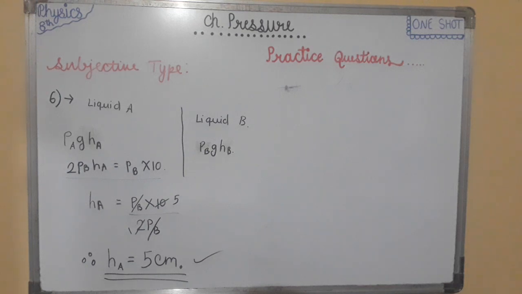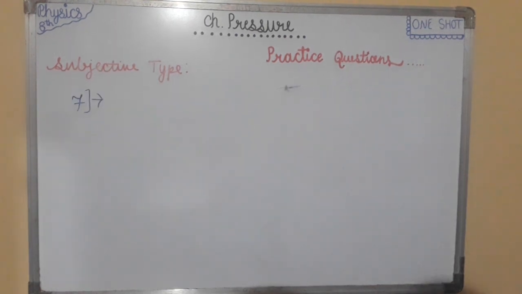Now let's see question number 7. So the question is that in a typical Bramah press, a force of 20 Newton is exerted on the smaller piston of area 0.05 meter square.